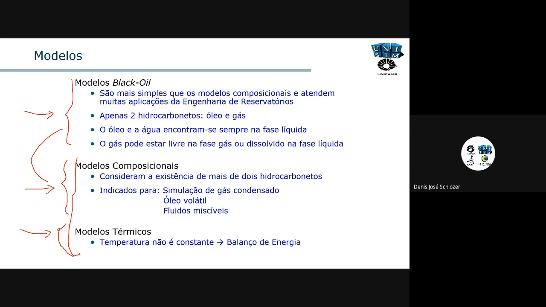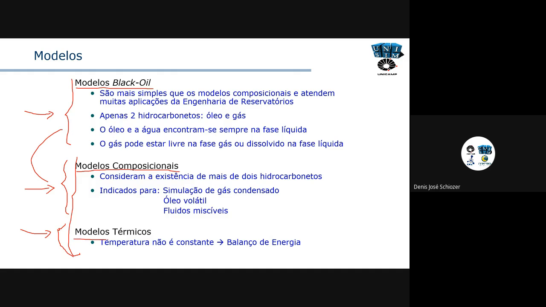Okay. The basic difference is that in the compositional model, we have to include the time dynamics of the phase behavior. In the black oil model, this is very simplified, as we have seen in the classes. We just transform this into a table.